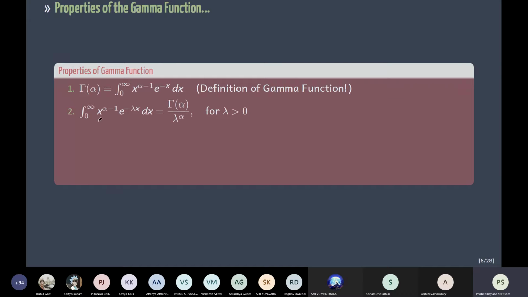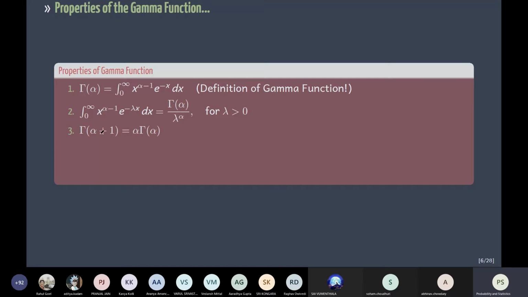What this says is that this expression here is equal to gamma alpha divided by lambda to the alpha for lambda greater than 0. So lambda is the expression here. Somehow it relates this integral to the gamma function divided by lambda to the alpha. This is something we may try to prove.